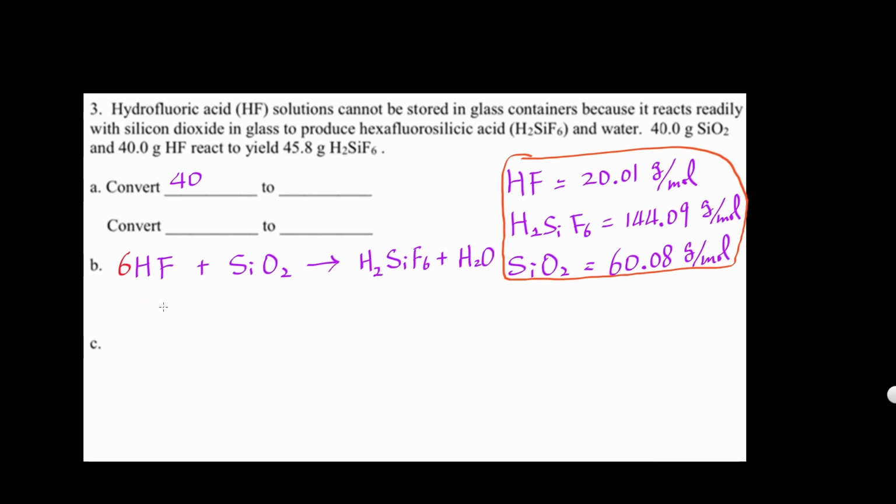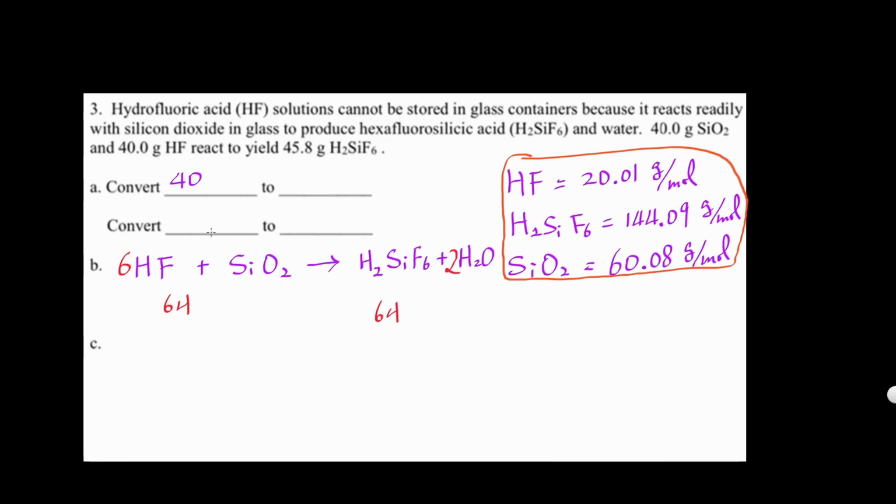Let me see what else is there. We have O2 here, so let me see what happens if I put 2 here to make it 2 O's. I think that should do it. 6 H's on the left side, and 4 plus 2, so 6 H's on the right side, and then 1 Si, 6 F's, 6 F's, and 2 O's.